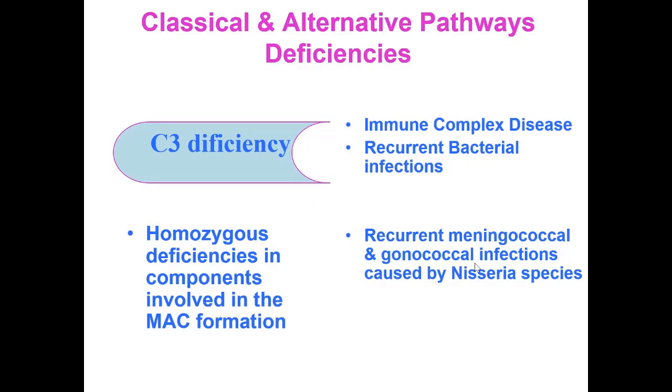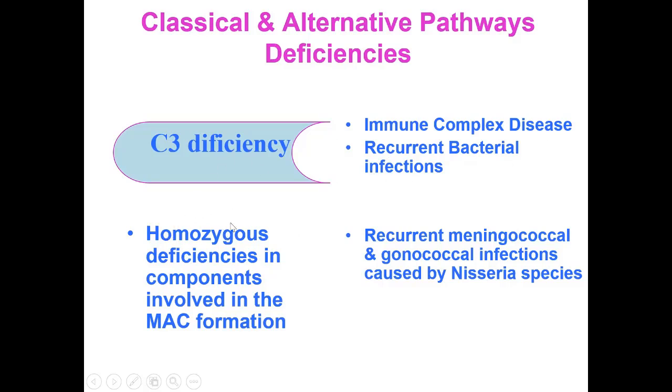As you saw in previous slides, C3 has a central role in the classical pathway, alternative pathway and lectin pathway, and the deficiency of C3 again can increase the incidence of immune complex diseases, and also increase the incidence of recurrent bacterial infections.